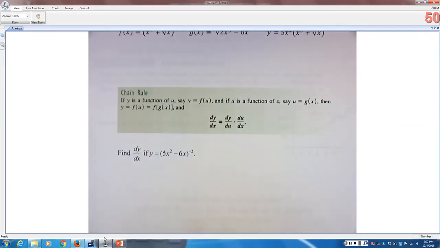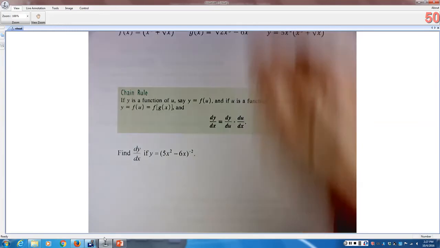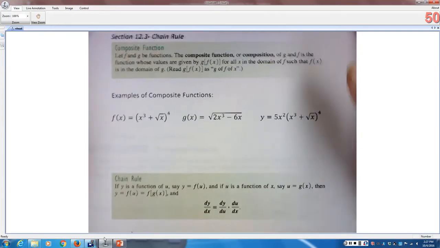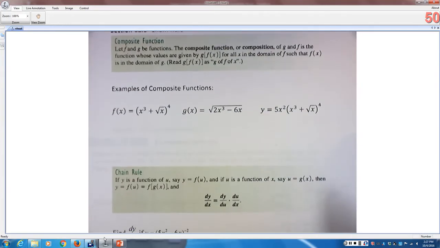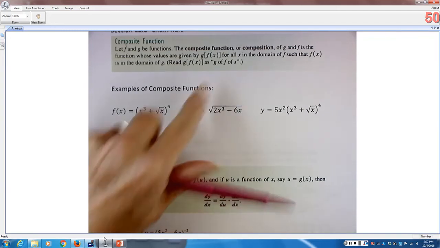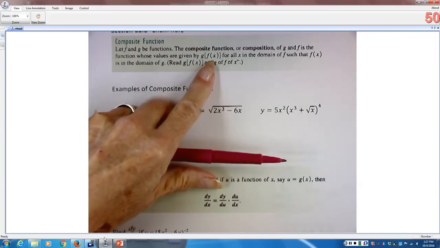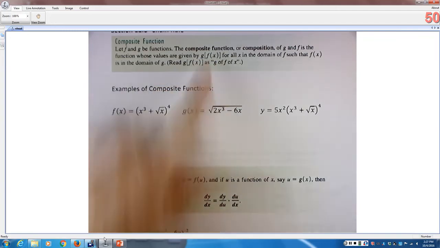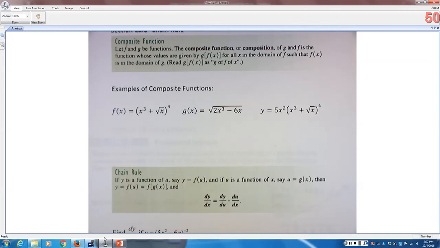So now let's talk about chain rule, now that we know what we're talking about when we say inside function and outside function. F and g are functions, the composite function of f and g is either g of f of x, or it can be f of g of x, depending on which one's the inside, which one's the outside.